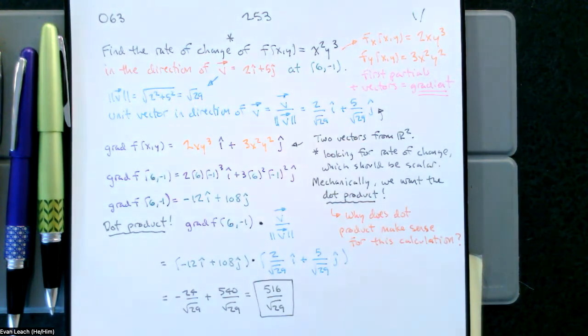So now the question is, why does a dot product make sense in this calculation? Why does it make sense for us to use the dot product for this calculation? Think about what else we know about the dot product.